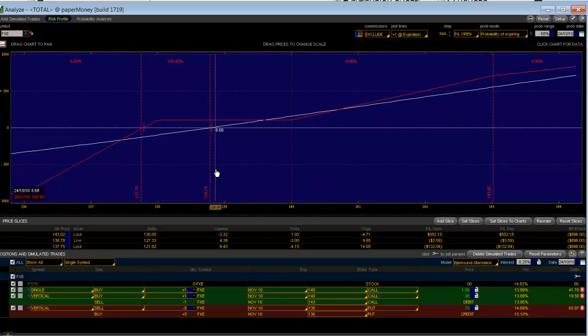Basically we're currently at 138.78. We've created for ourselves a downside risk, or if it hit there tomorrow we would lose $131.